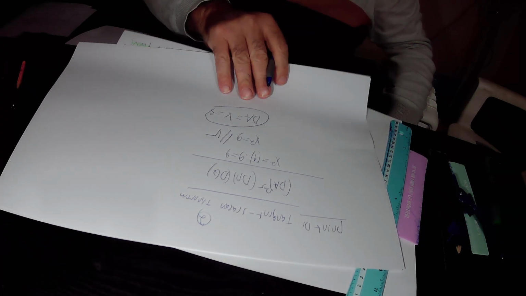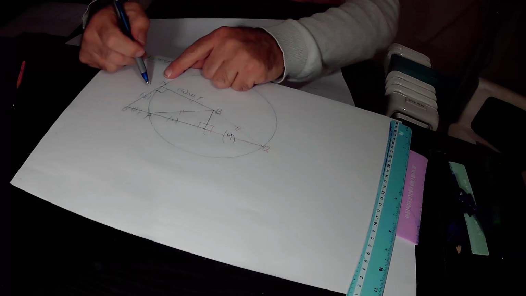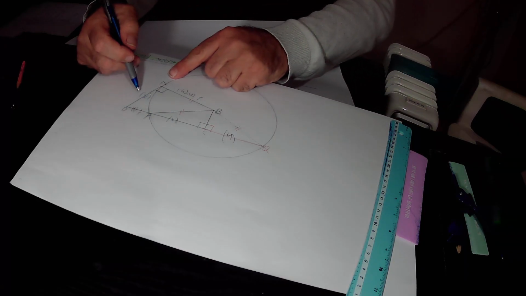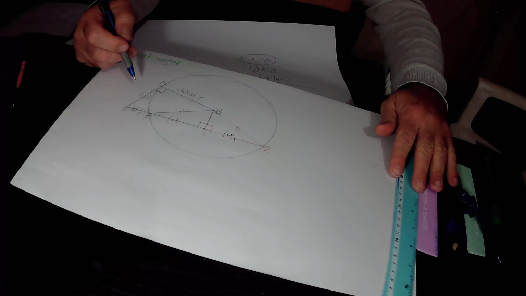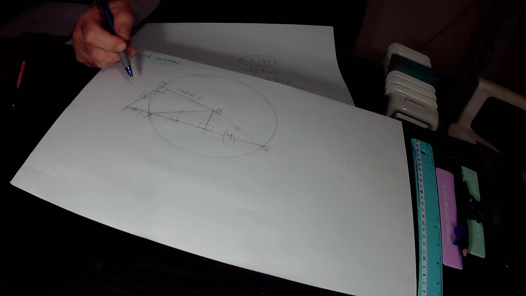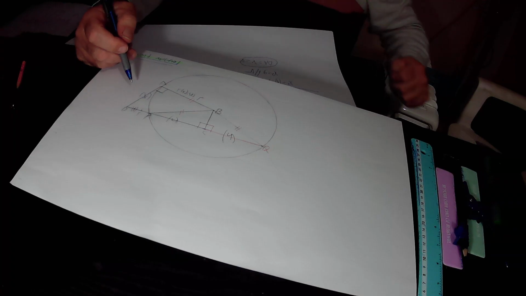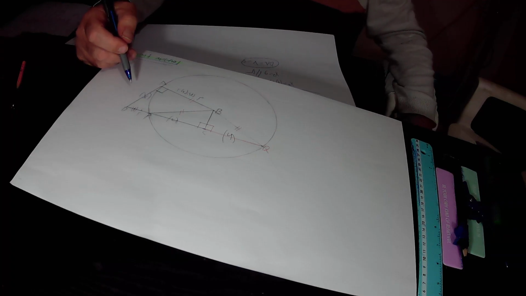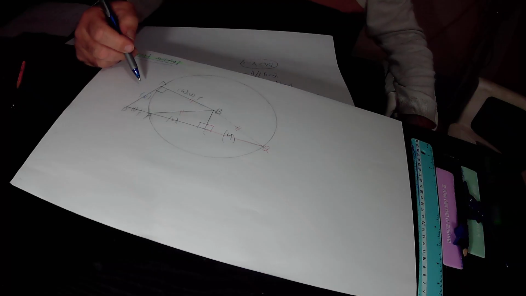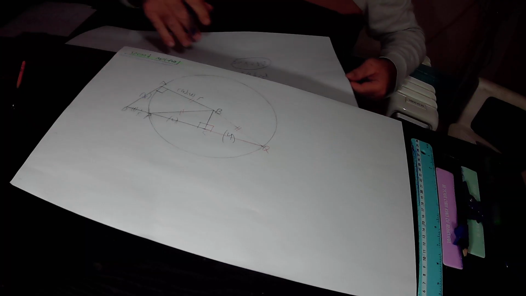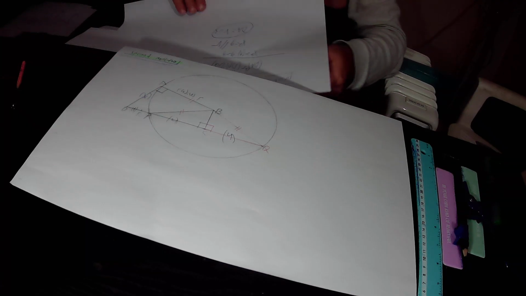So in both methods we found out that the length of line segment AD equals x equals 3 units. So we finish with the second question. The next step, as far as the lecture, you start with the repetition of the solution of the first question, and then we repeat the solution of the second question in both methods.